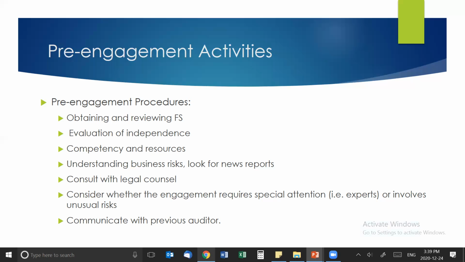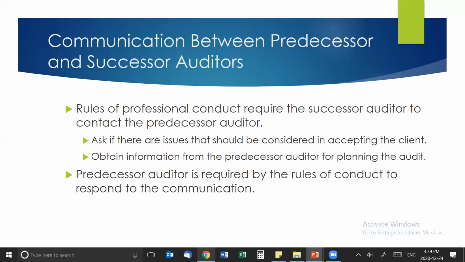You're also going to communicate with the previous auditor. If this client has been audited in the past by some other auditor, you would talk to the other auditor and ask them if there is anything you should know before you accept the audit client. So there has to be some communication between the predecessor and successor auditors.